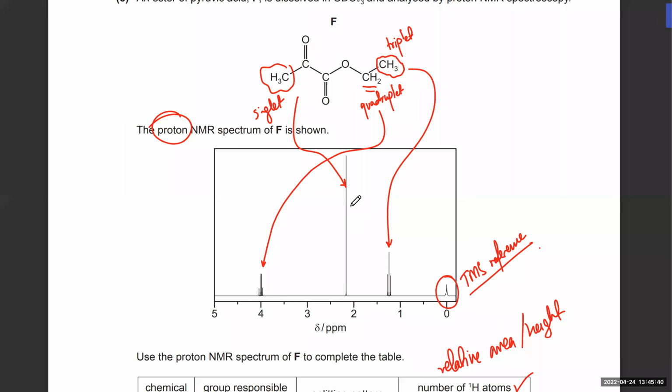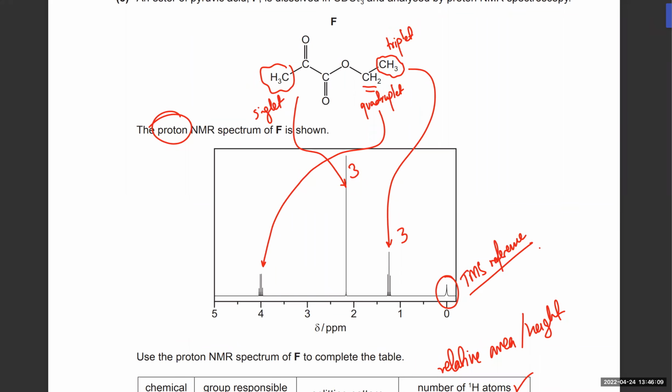And also remember, if the peak splits, the height decreases because now it's distributed. It has the same area. This one is 3, and this one is also 3. But when a peak splits, it spreads out. So the area is the same. If I collect all the 3 smaller peaks, it's going to have exactly the same height.